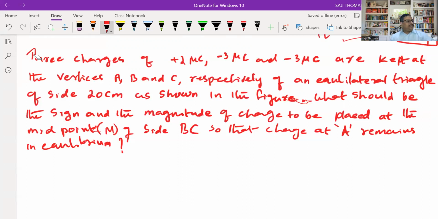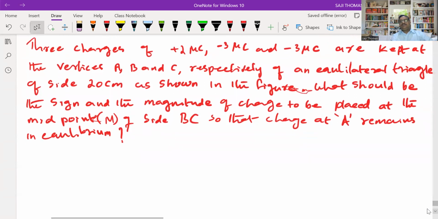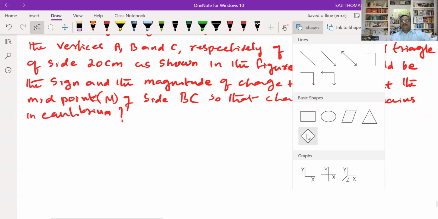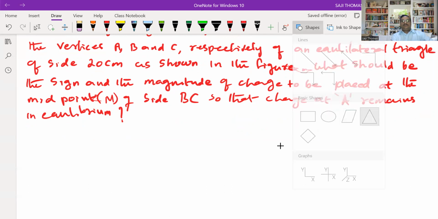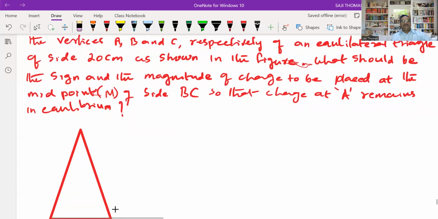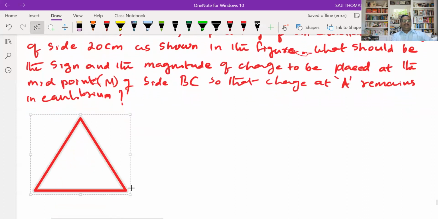Okay, the diagram is given. This is an equilateral triangle.